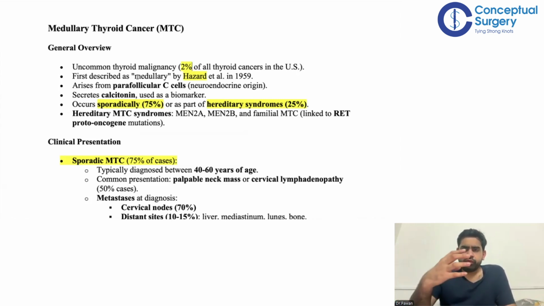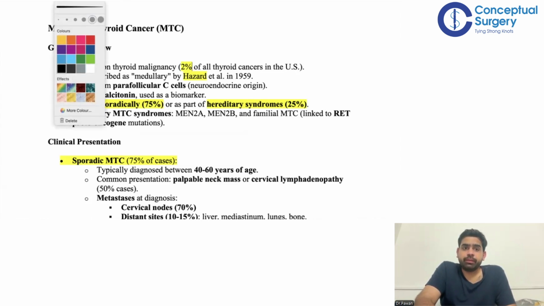Now, from where does this medullary carcinoma of thyroid arise? It basically arises from your parafollicular C cells. Now what are these parafollicular C cells?